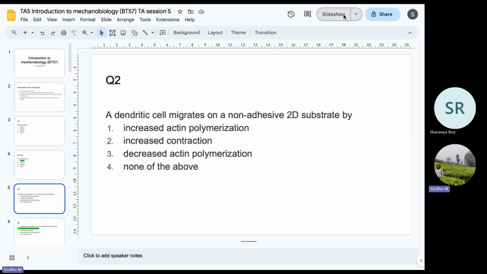In this case, it is a non-adhesive substrate, so adhesion won't be there, and contractility also won't be there, because only if the cell can adhere to the substrate will it be able to generate contractile forces. So if it is a non-adhesive substrate, then the main mechanism will be polymerization. So the answer is option A, increased actin polymerization.